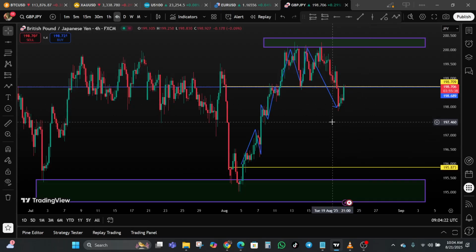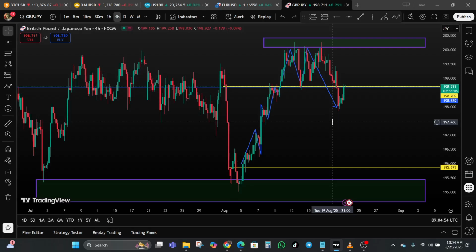The beauty of the ICT Unicorn Trading Strategy is that it filters out low quality setups. Instead of entering trades based on one single signal, you are combining multiple layers of confluence. This gives you a clearer picture of what institutional traders might be doing and allows you to align your trades with smart money.